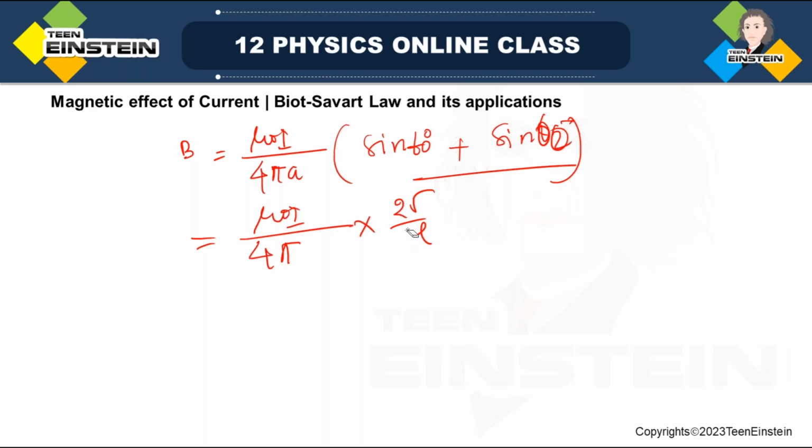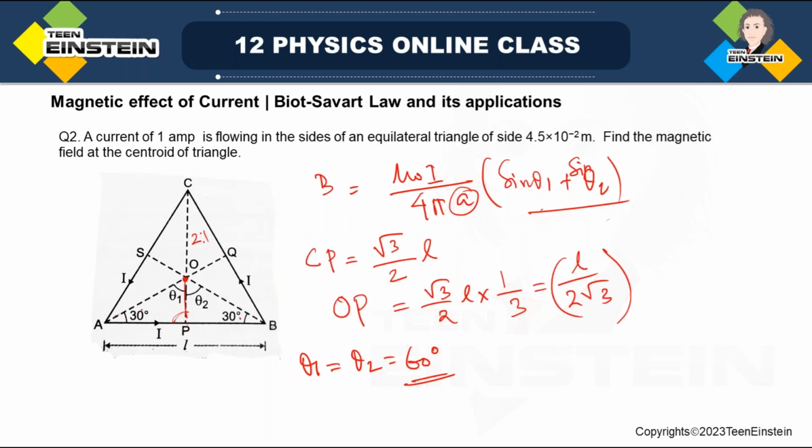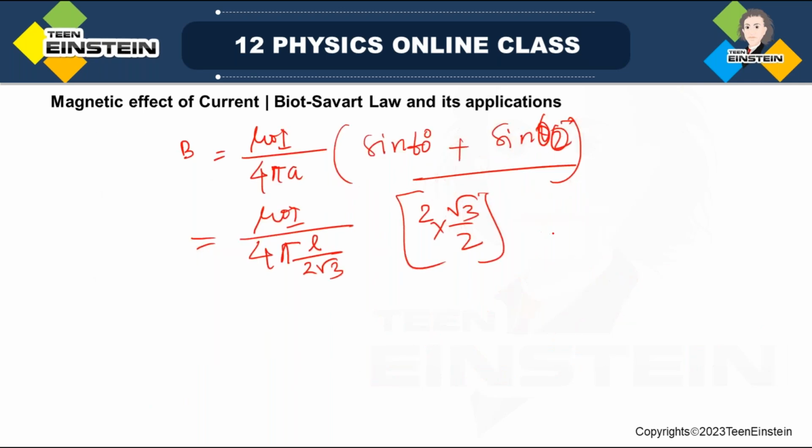60 degree means root 3 by 2, this is also root 3 by 2, so 2 into root 3 by 2. And then in place of A, we have to put L by 2 root 3.